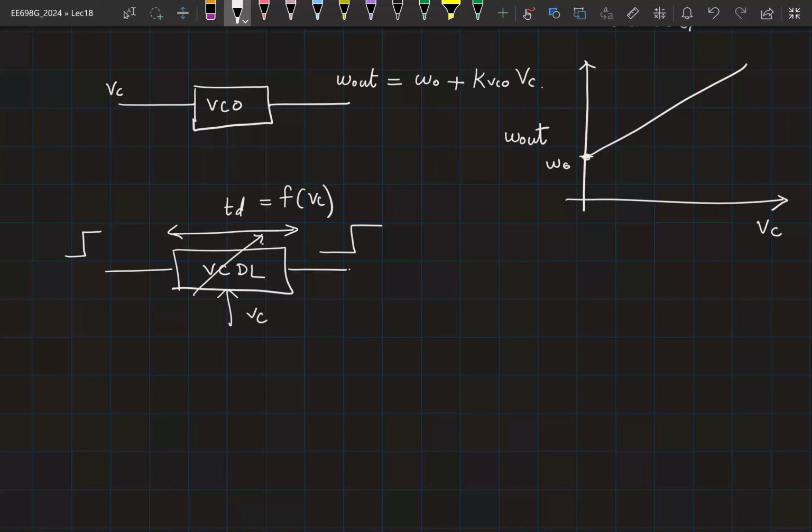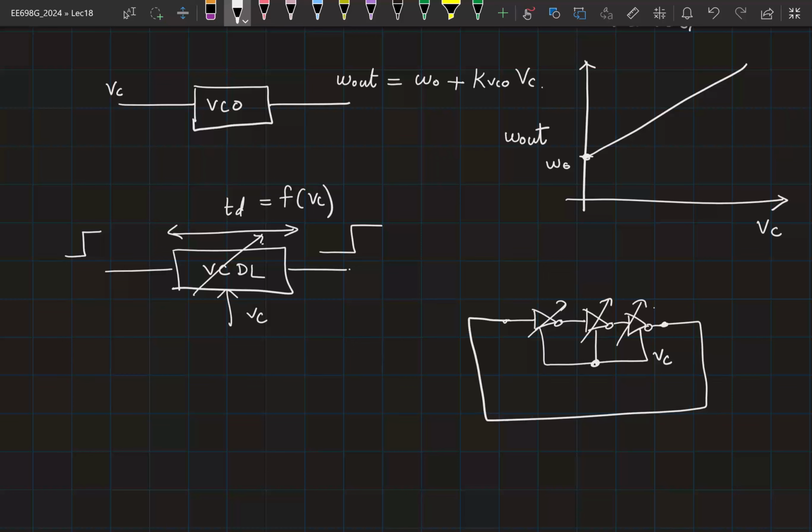Now, a quick way to think about a VCO is where you take some number of tunable delay elements. Let's say I took 3 tunable delay elements. If I connect it in open circuit as it is, I call this in, if I call this out, and this is my VC voltage, then this is a VCDL. Now imagine that I shorted its input and output.